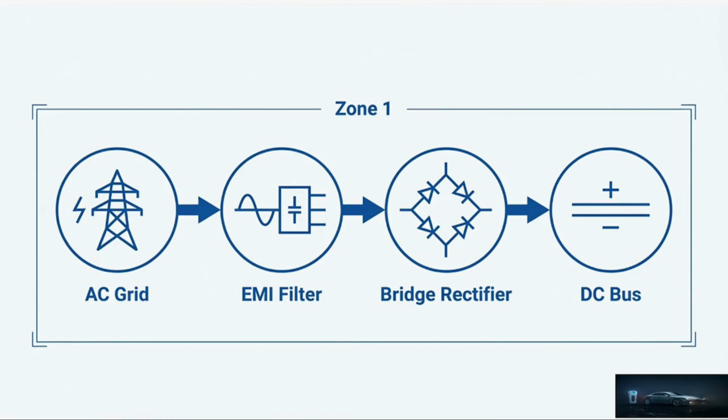Now the third item is the bridge rectifier. Now comes the important conversion stage, the bridge rectifier. A bridge rectifier is typically built using 4 diodes. You can see here the arrangement of 4 diodes. I know most of you learned about it in your college time.